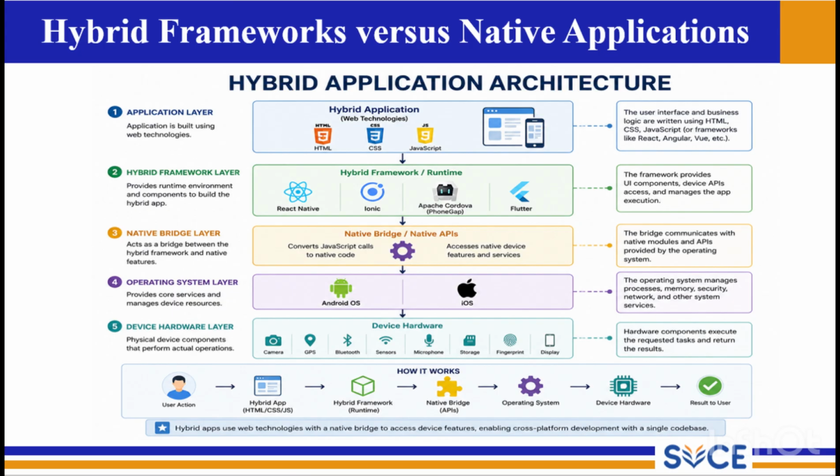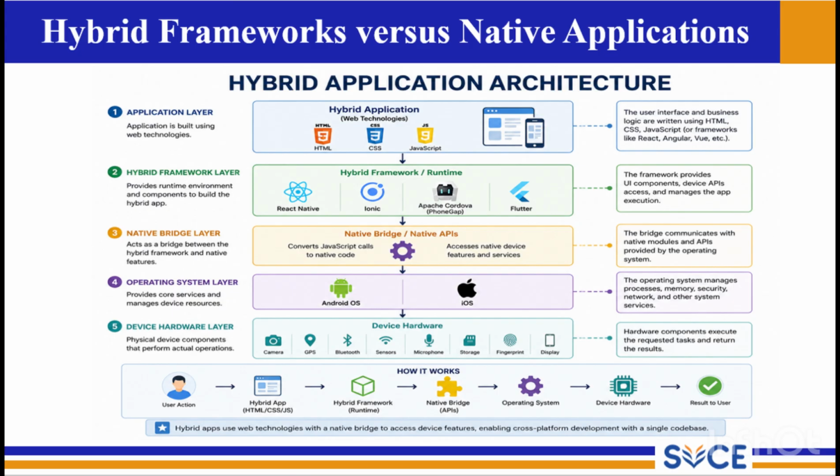However, in hybrid applications, requests must first pass through the hybrid framework and then the native bridge before reaching the operating system. These additional layers introduce a small amount of processing overhead.